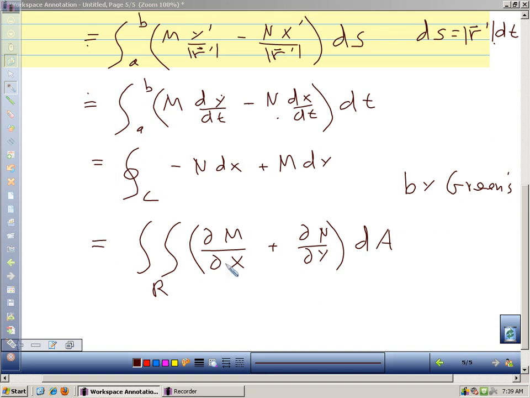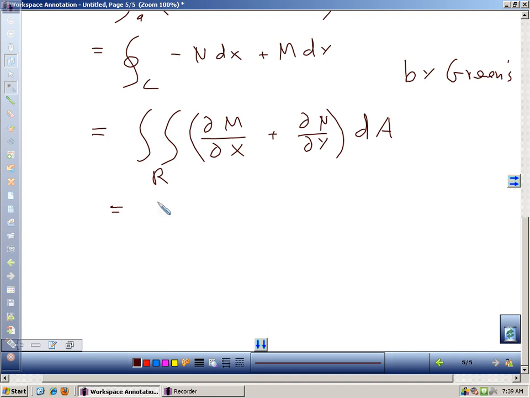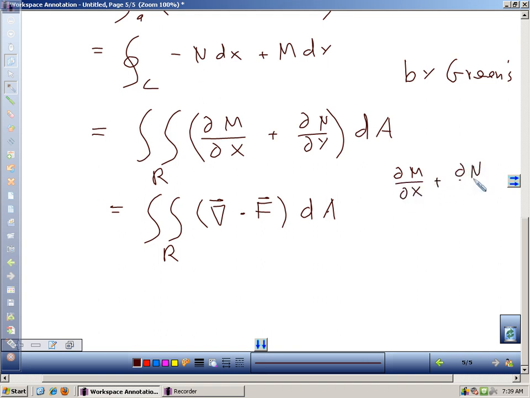This is the divergence of F. This equals the double integral over our region of del dot F dA, because dM/dx plus dN/dy equals del dot F.